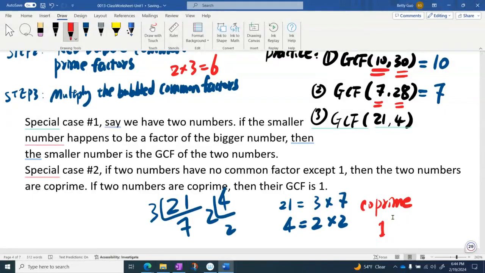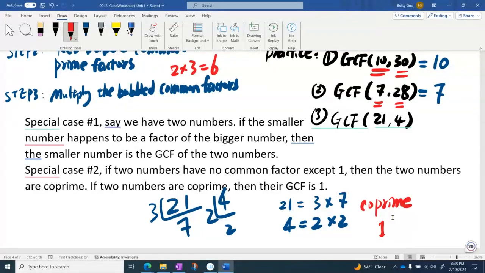You are the only child of your parents. Then does that make you the oldest child of your parents? So if 21 and 4 only have 1 as a common factor, of course 1 is the biggest common factor of the two numbers, right? Does that make sense? So that's the second special case.